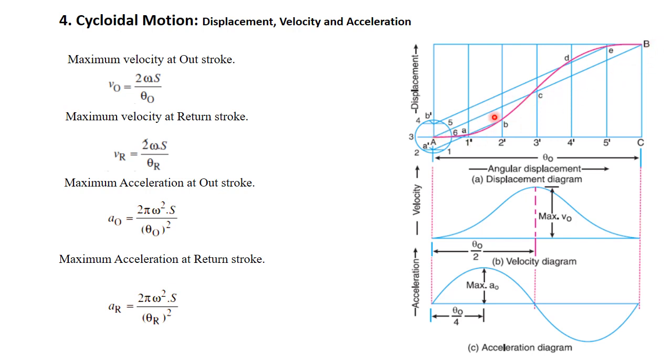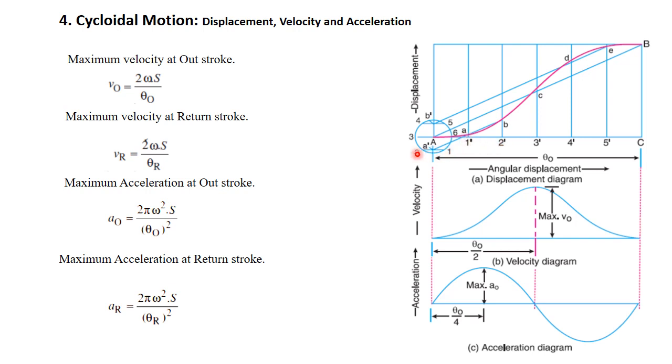So we draw a line capital AB, and parallel to AB we draw a line passing through B dash and A dash. Now on this A dash point we find two divisions, that is 1 and 2. So this line will mark the points of intersection with 1 dash and 2 dash.